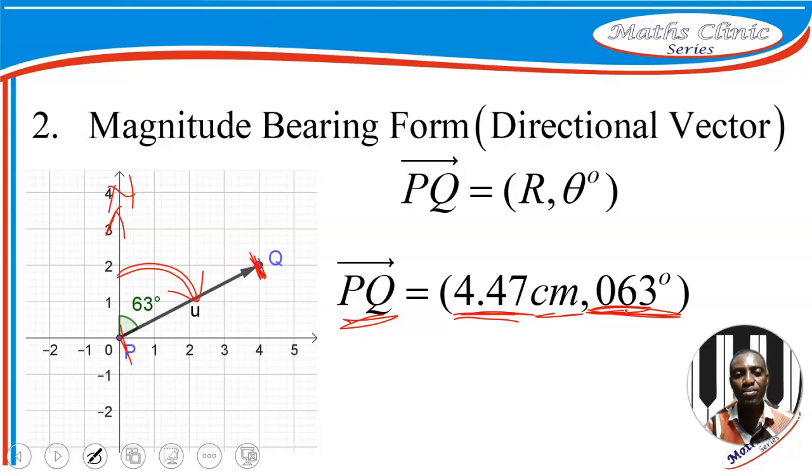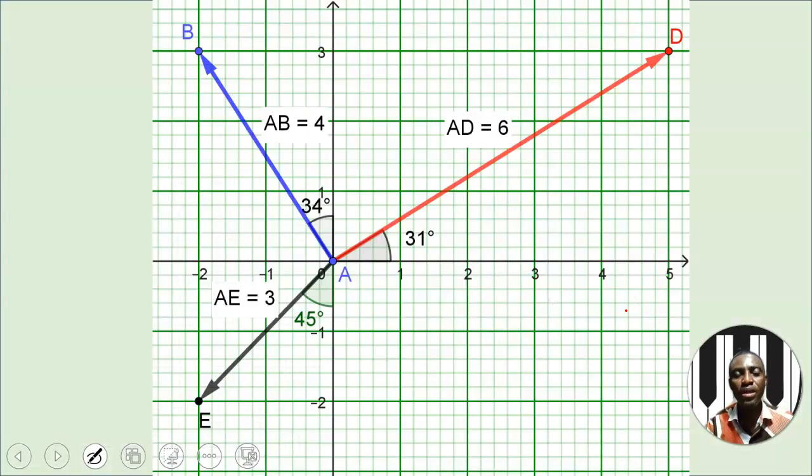Now let's do more examples under this. We want to represent the following vectors in magnitude bearing form. So each vector is starting from the point A. So we have point A, D, AB, and AE. Now let's start with AB. The distance has been given here, which is 4 centimeters, right?